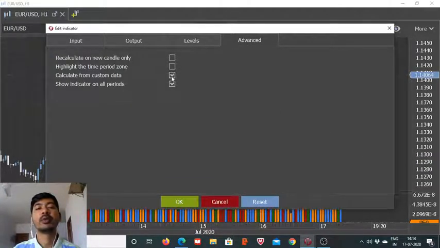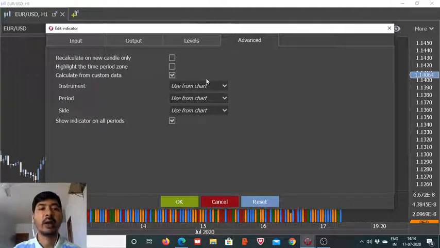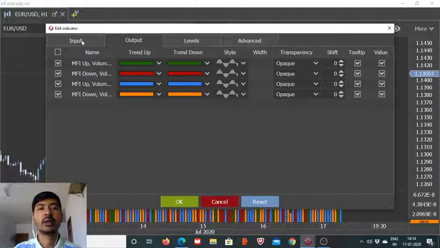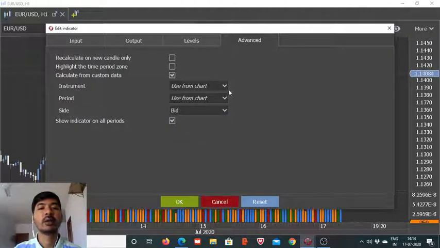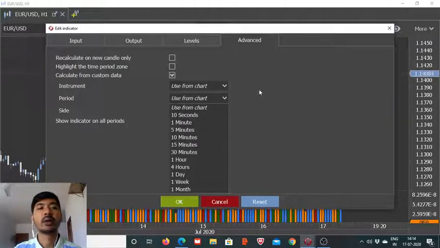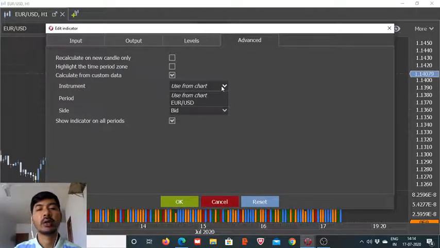Suppose we choose calculate from the custom data, and side is used from the chart, and let us see what changes need to be done. Side, okay, bid is fine. Time period is custom from the chart. Instrument is all fine.